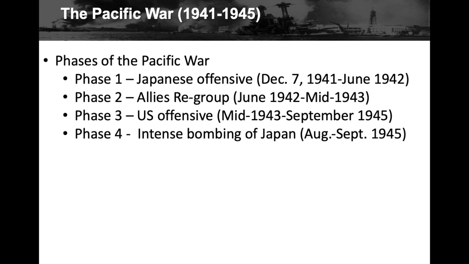But then Phase 2 occurs, and the Allies regroup from June 1942 to mid-1943. The Allies regroup and get going with some smaller actions.